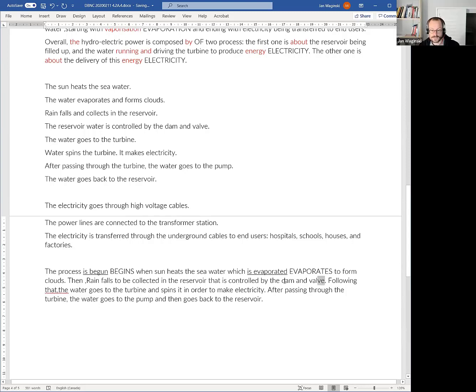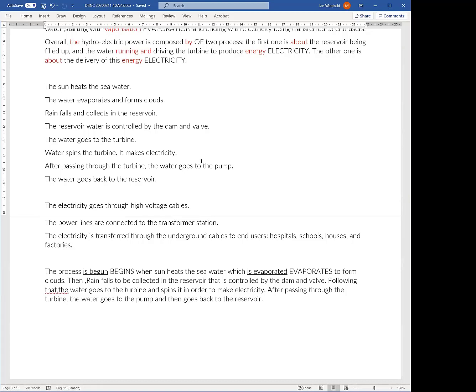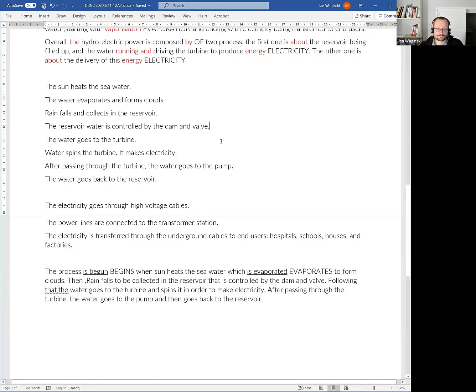I'm not crazy about this part. And this is from above: The reservoir water is controlled by the dam and the valve. How can I change it? Well, it's an issue with the original.